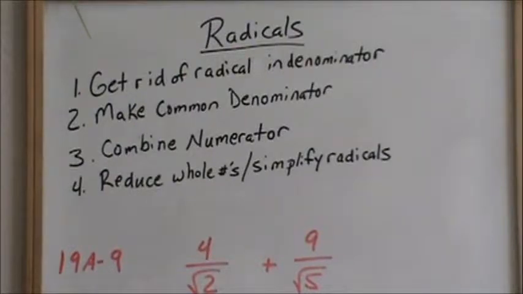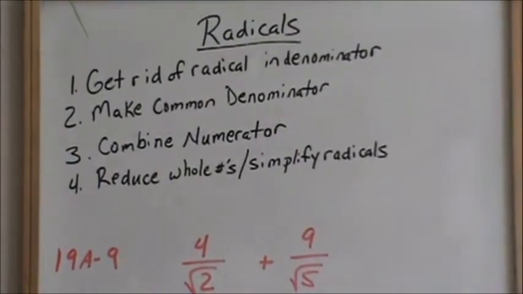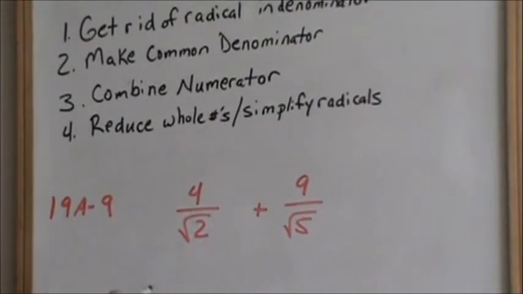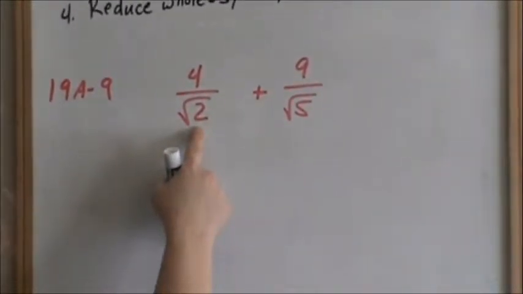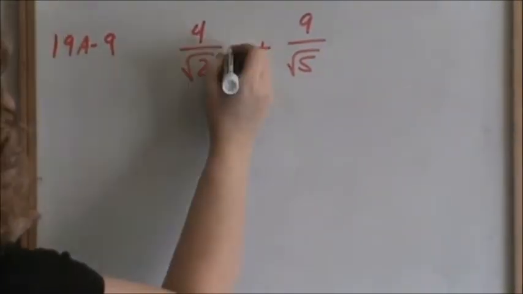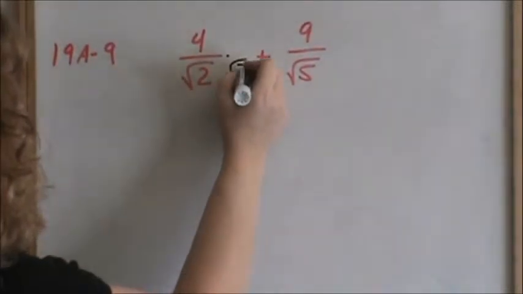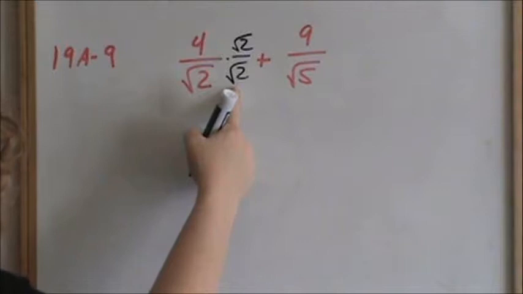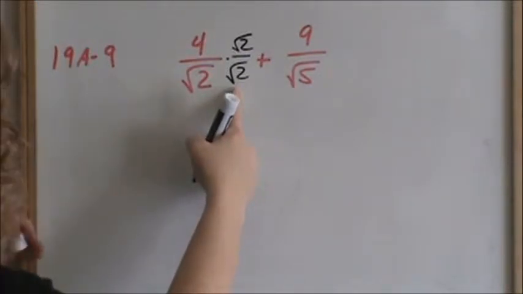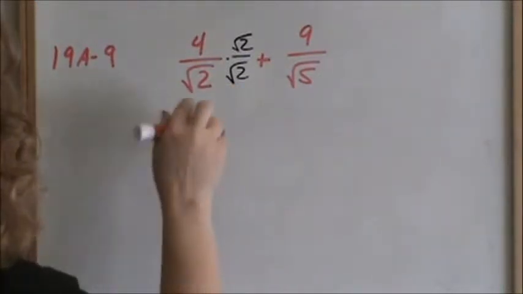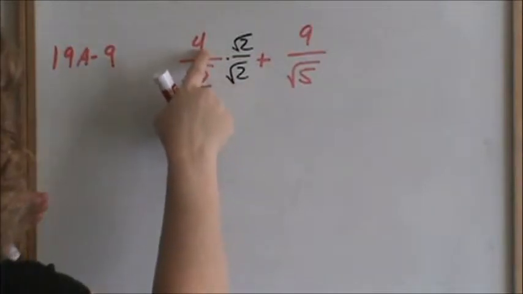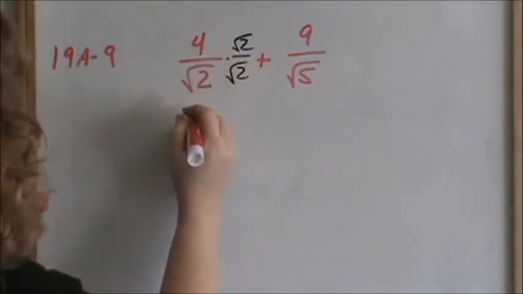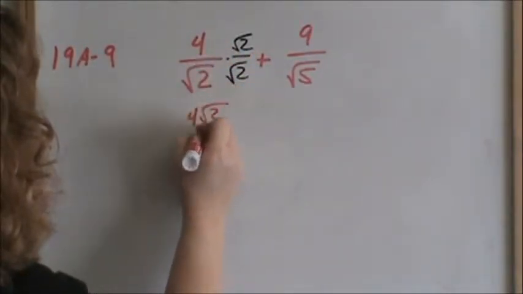So the first step in words was to get rid of the radical in the denominator. The way we get rid of the radical is to multiply the radical by itself. So working with this first fraction, we have to multiply both the numerator and the denominator by square root of 2. So this new fraction, 4 times square root of 2 would be 4 square root of 2.